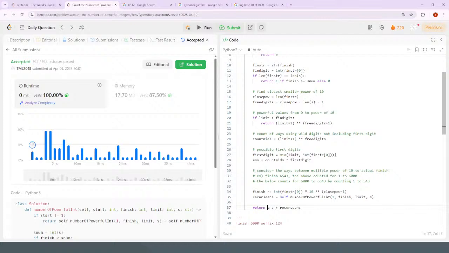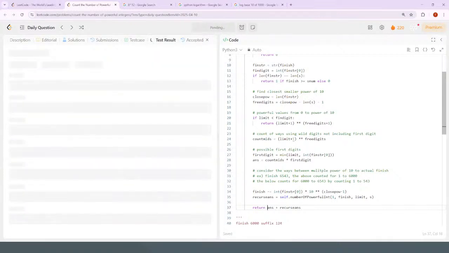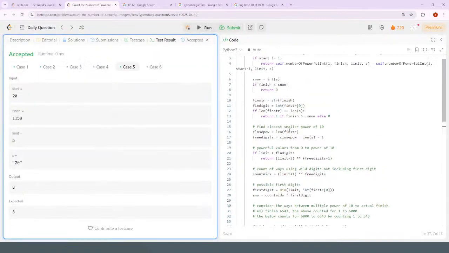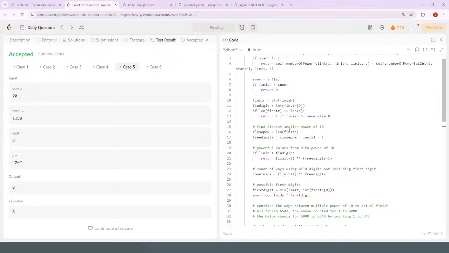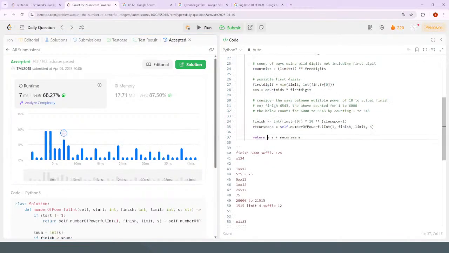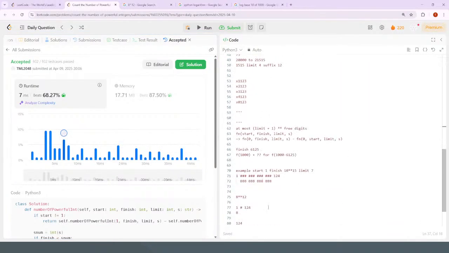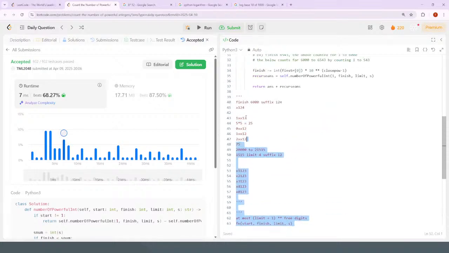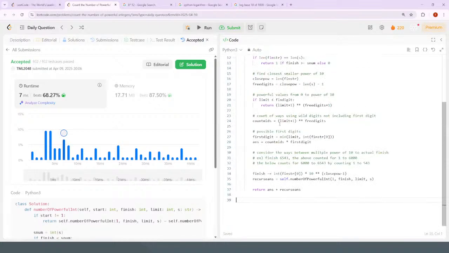I think this all works. Okay. All right. I like the other calculation of speed better, but all right.